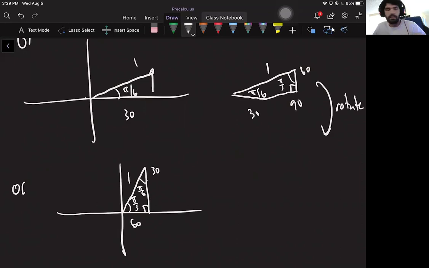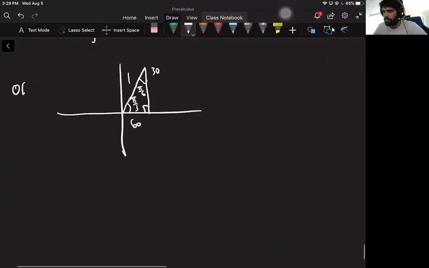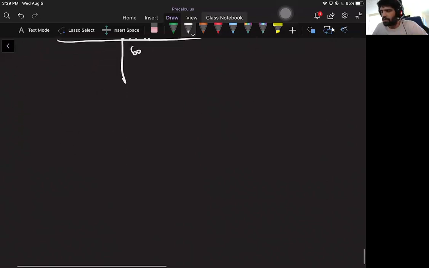Okay, so next time we are going to talk about these triangles in more detail, and then we're also going to talk about the unit circle. Okay, but that is it for this lecture.